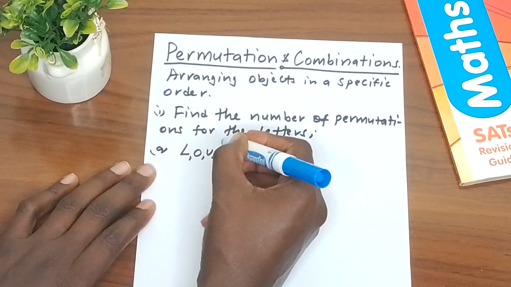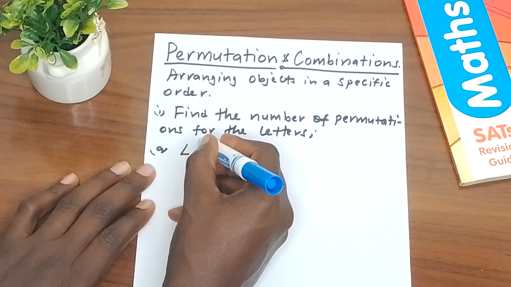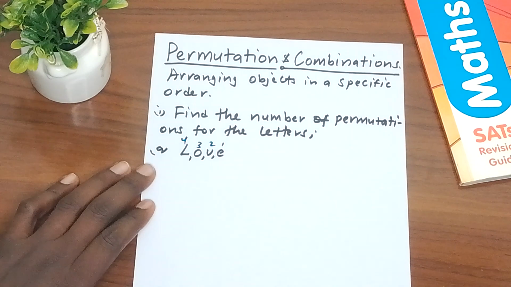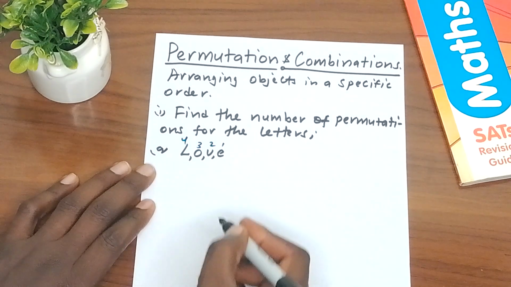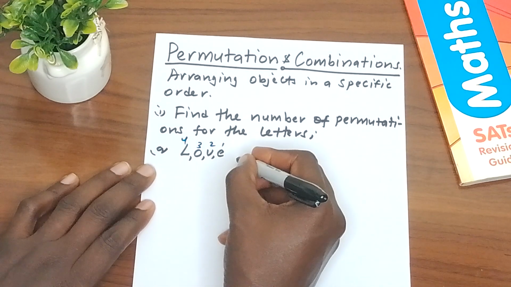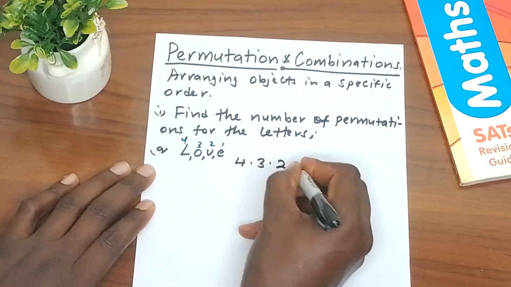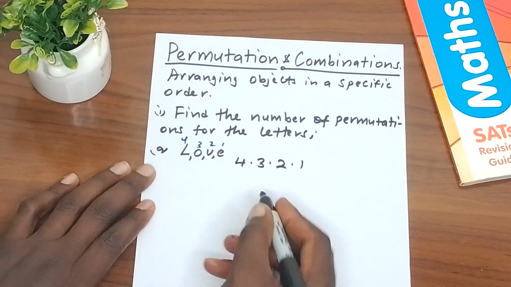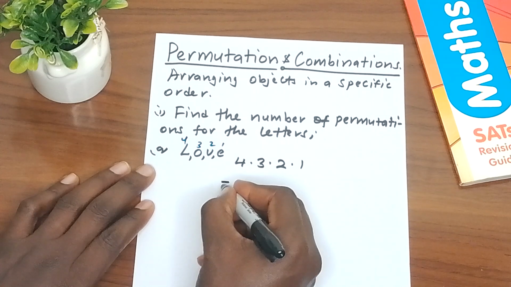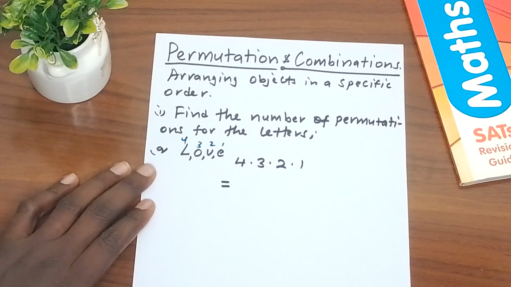We count the letters. This is 1, 2, 3, 4. And then after counting those letters, we start from the last one and we say it's going to be 4 times 3 times 2 times 1. So this is going to give us the number of ways the word love is going to be written.